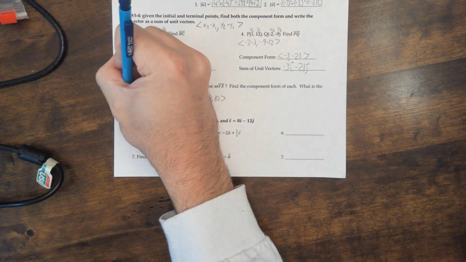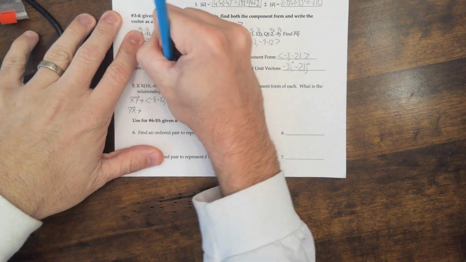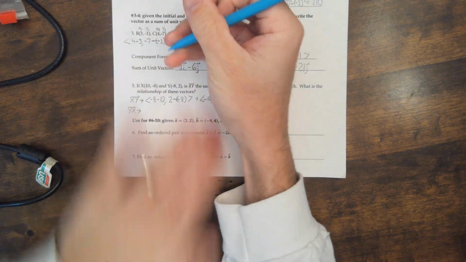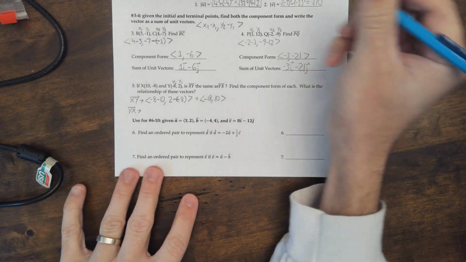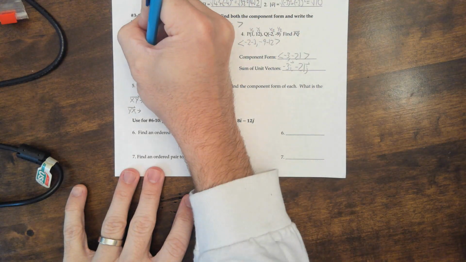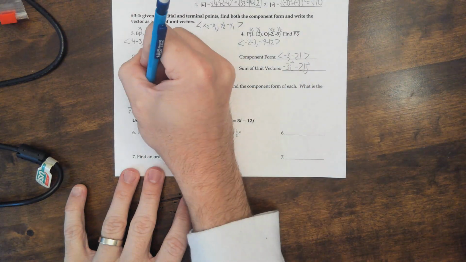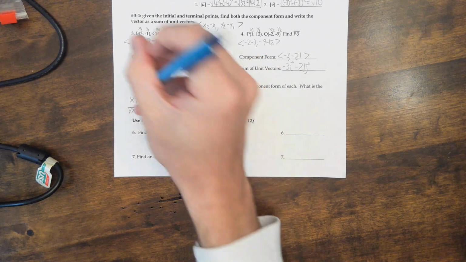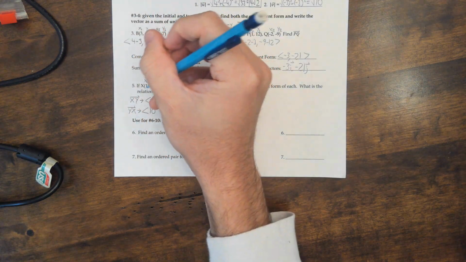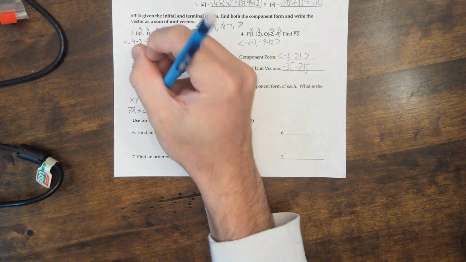Now let's find yx. So yx, we're going to change how we label it. Since y is coming first, this is now going to be my x1, y1. Okay, and then my x is going to be my x2, y2. So now let's go ahead and find the component form for yx. So we're doing x2 minus x1, so that's going to give you 10 minus a negative 8.